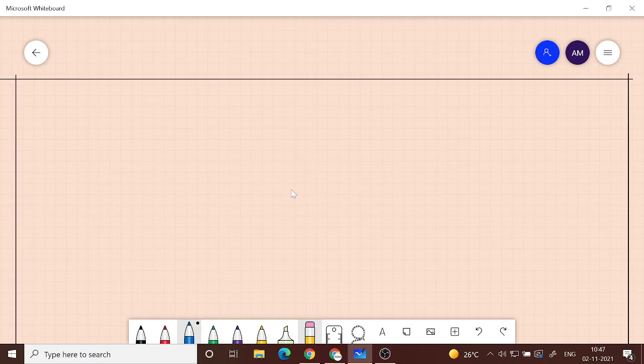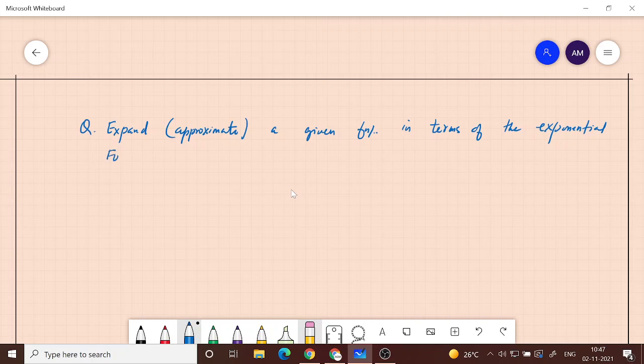So the question: expand, or you can also say approximate, a given function in terms of the exponential Fourier series orthogonal set.